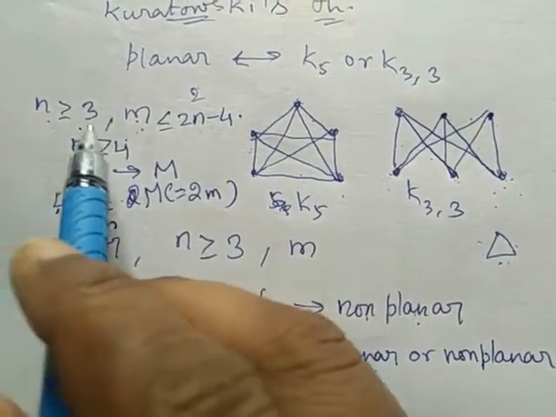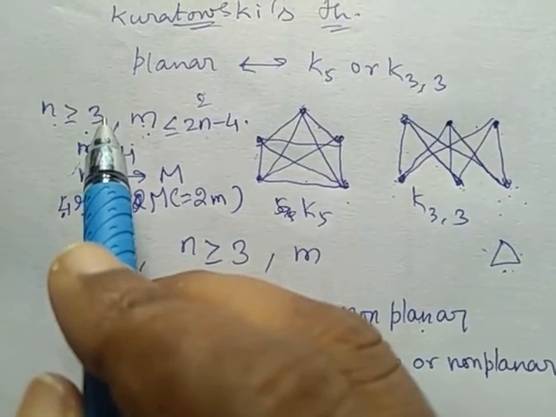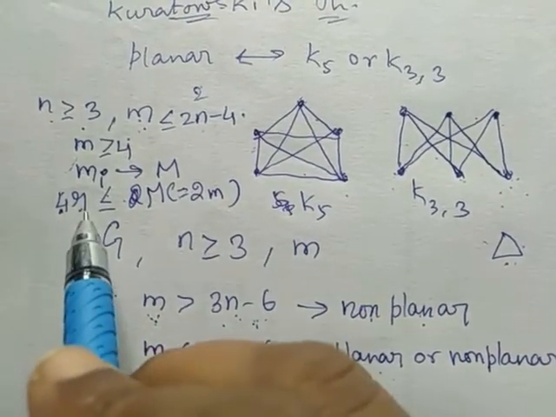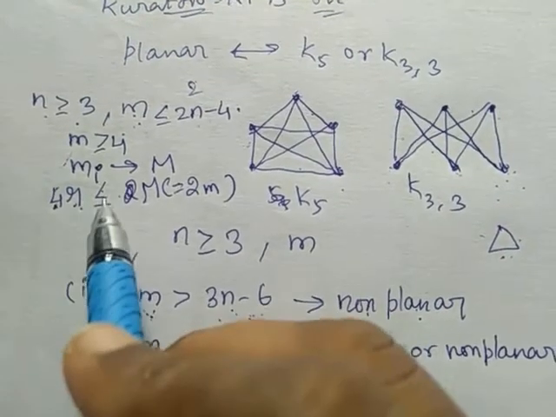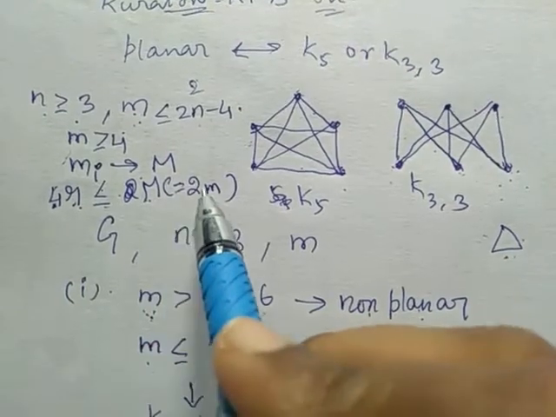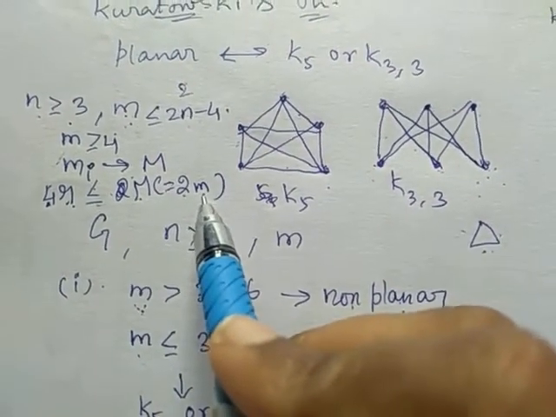Since this graph does not contain a triangle, it will have at least more than 3 edges. So at least 4 edges into total number of regions is less than or equal to total edges. This total edges is nothing but 2m because each edge is counted twice.